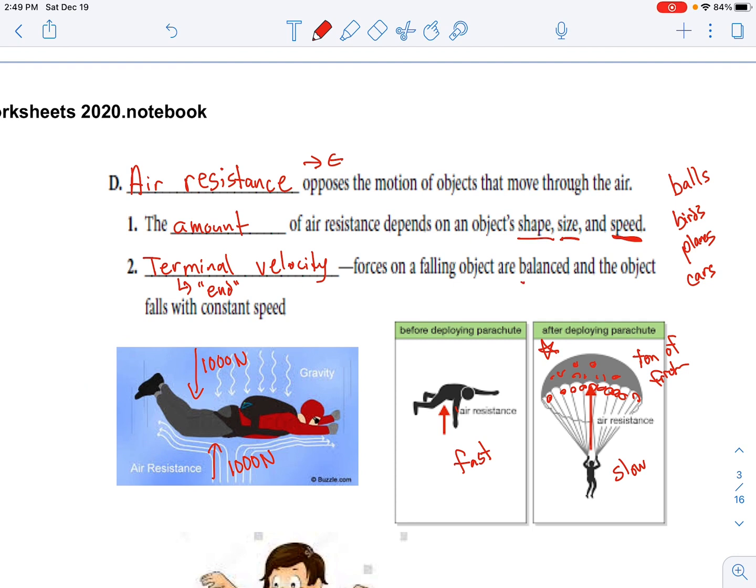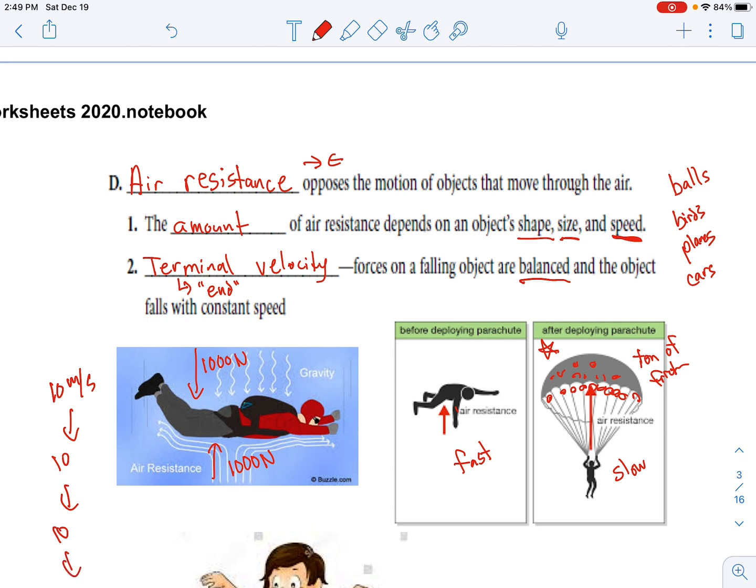So those forces are balanced. Okay, they're the same and they're in opposite directions. And so he won't speed up anymore. He will keep falling with the same speed. So maybe he's falling down at 10 meters per second. So every second he goes down another 10 meters closer to the ground. Okay. So that's what terminal velocity is.